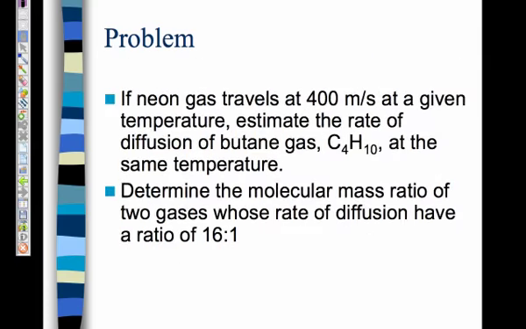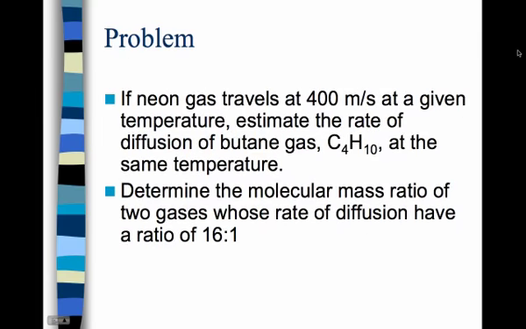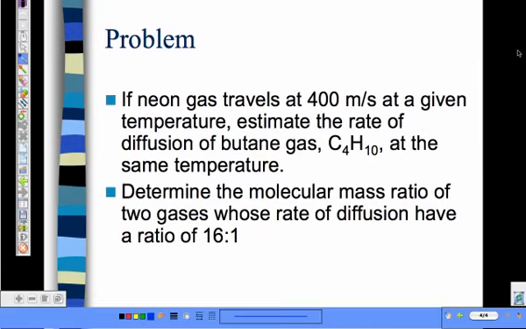Next one. If neon gas travels 400 meters per second at a given temperature, estimate the rate of diffusion of butane at the same temperature. So do you want the rate of neon gas on top or bottom?